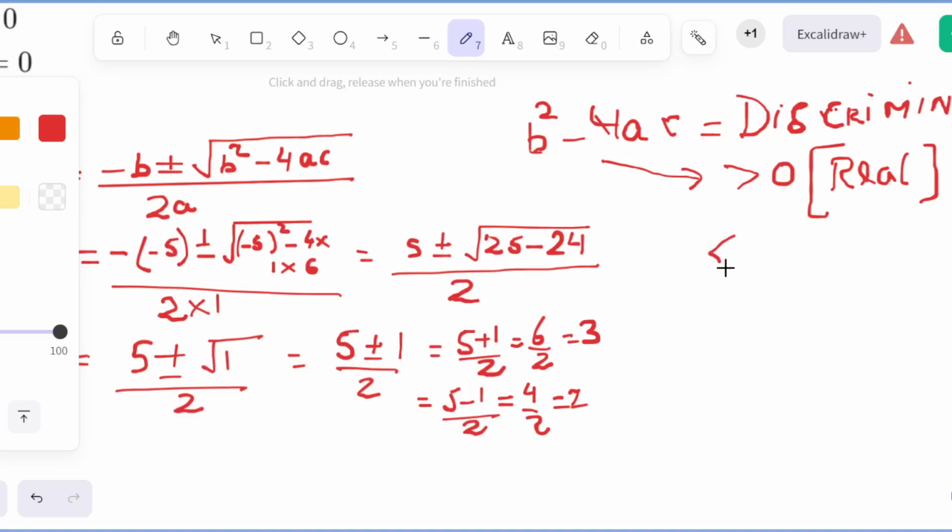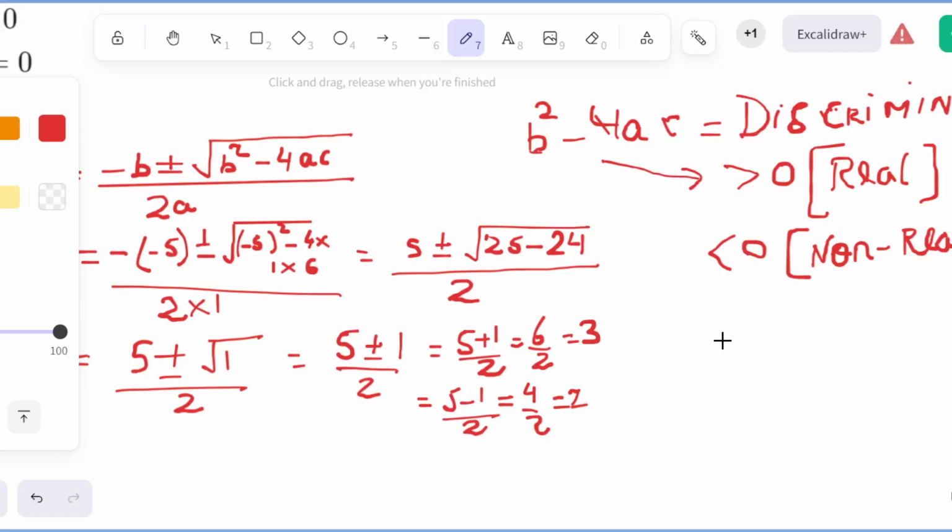If it is less than 0, for example, the answer would have come out to be -1 or -5, less than 0, then you'll not get real roots. You'll get non-real roots. You're writing it down, right? Write it down. Non-real roots.